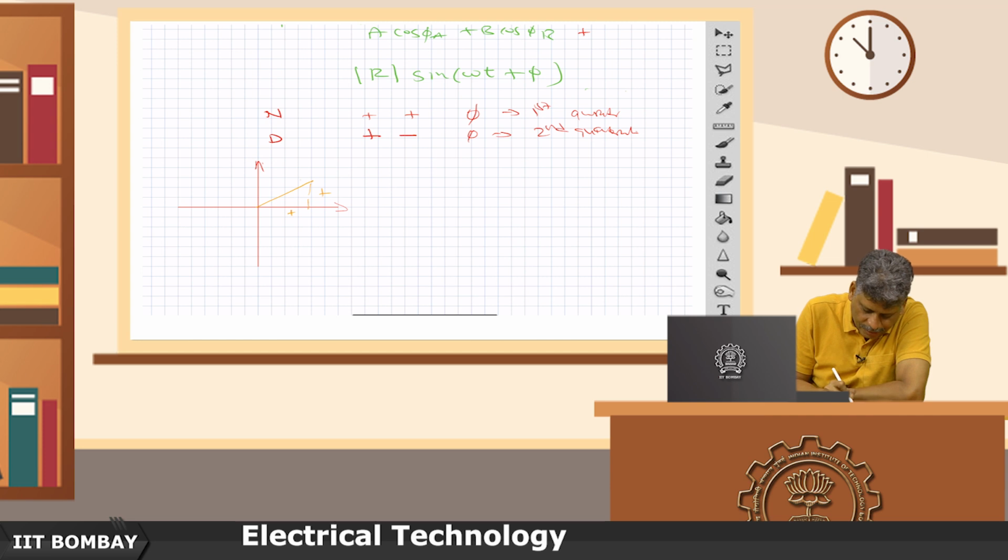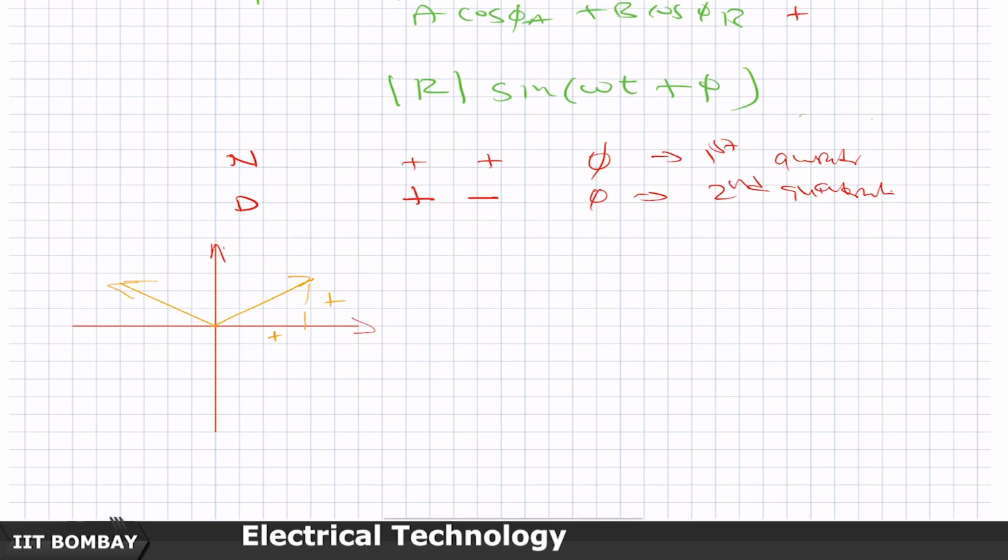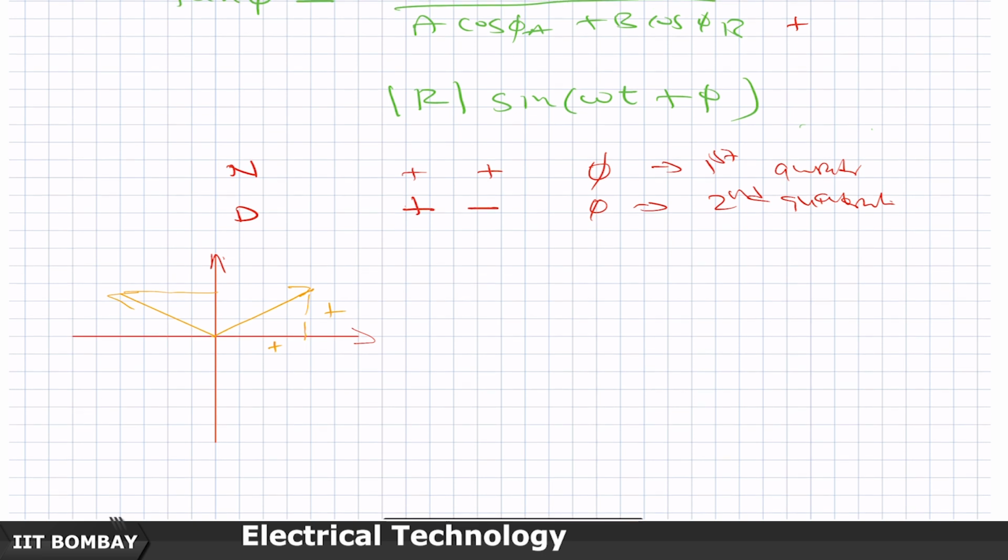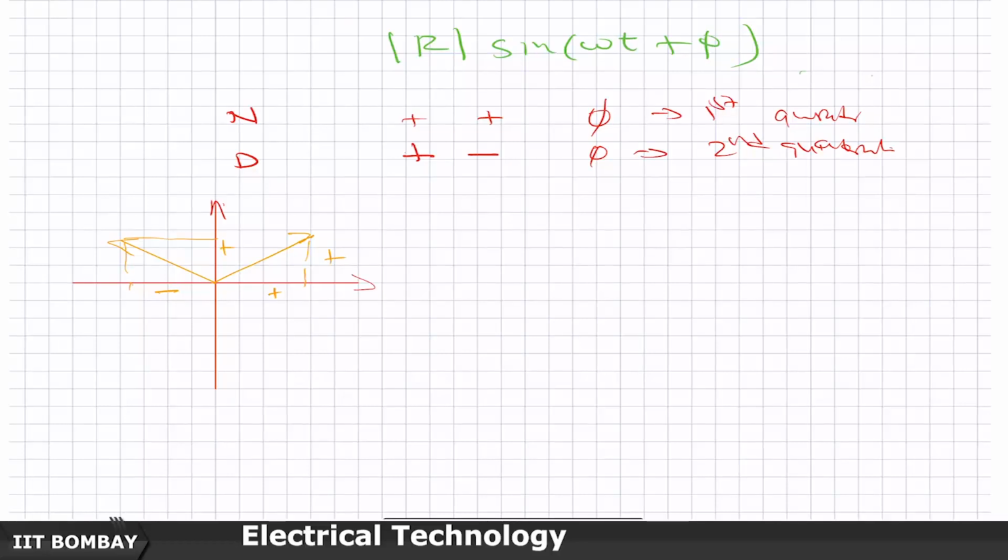Now suppose the vector is in the second quadrant, then the y-axis, which means the numerator, is positive and the denominator is negative. And if you go in the third quadrant, then both are negative, so this is also minus minus, means phi is in the third quadrant.